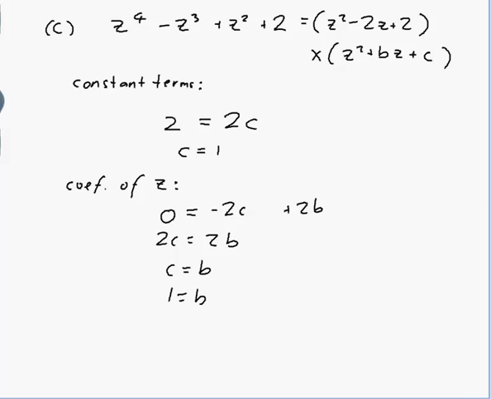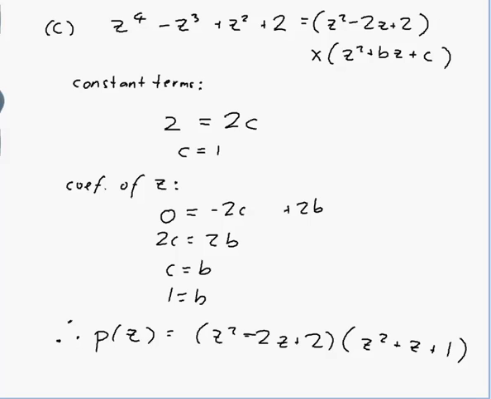Okay, so therefore p(z) is equal to z squared minus 2z plus 2 times z squared plus z plus 1. Now I already know the zeros that come from the first factor, because they were 1 plus i and 1 minus i. So I just need to factorise the second part to find the zeros of that.